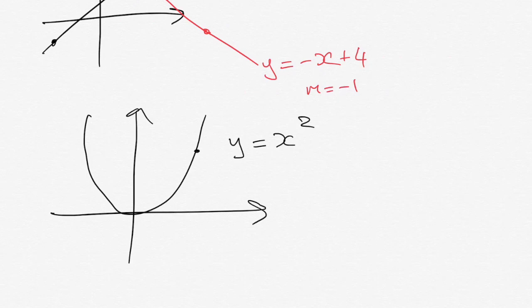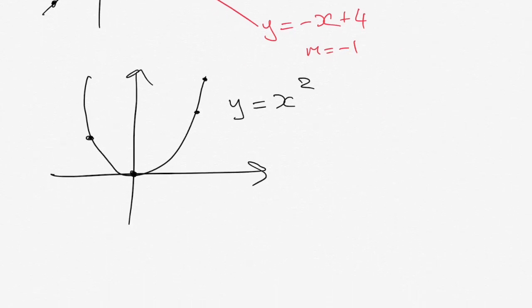It's obviously going to be different to the steepness there, or the steepness there, or even the steepness there, because a parabola gets steeper every single change in x value. So we can't just say this is the gradient of the graph, because the graph has a different gradient at each point. So how do we work out what it is at any of those points?